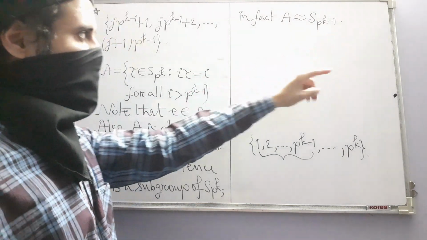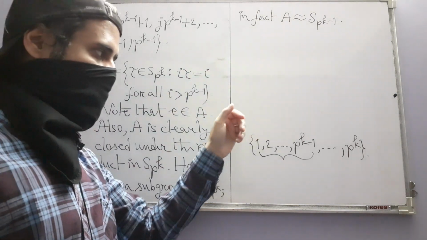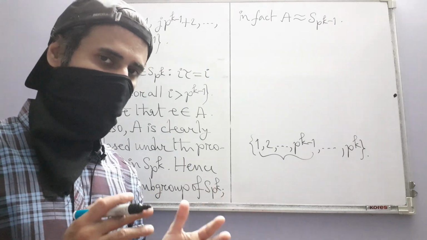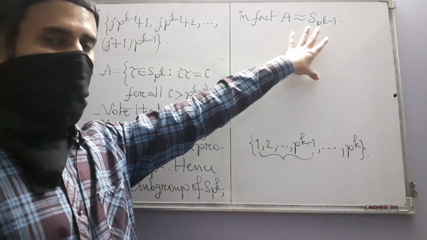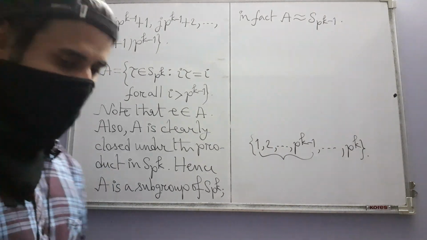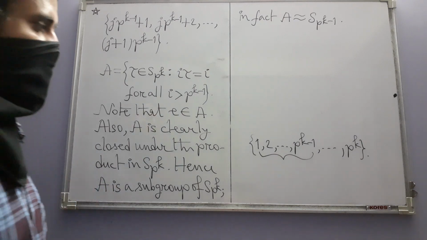So that is why A is isomorphic to this. If you want to really go through the details, you need to make these ideas rigorous. But this part I am not going to discuss. Okay, it's extremely easy. You convince yourself that this is the case.